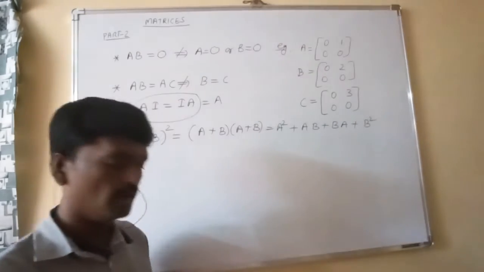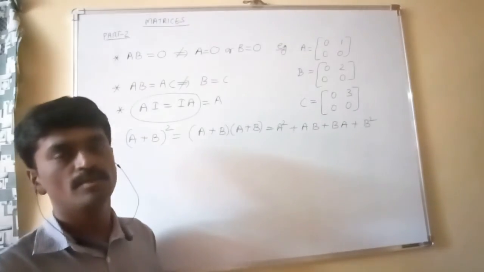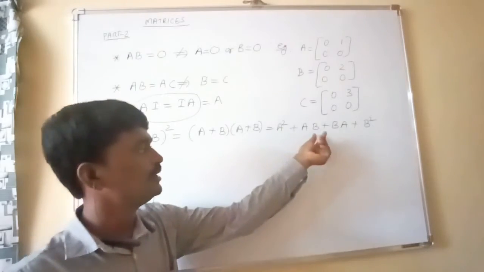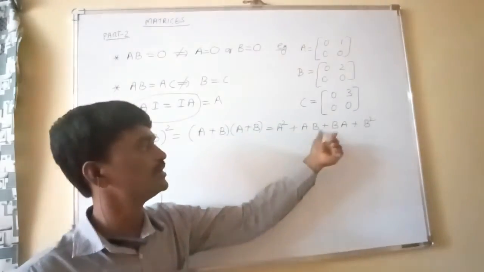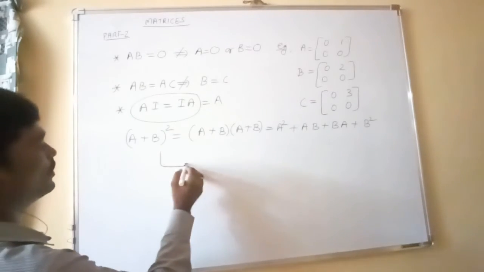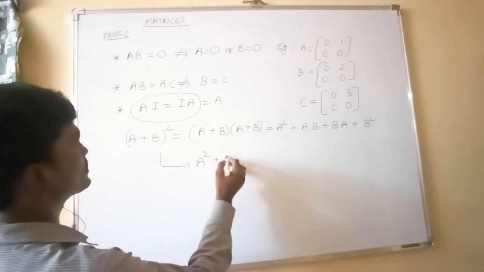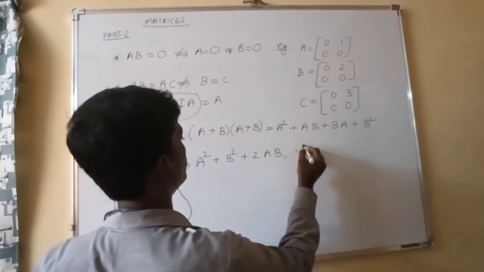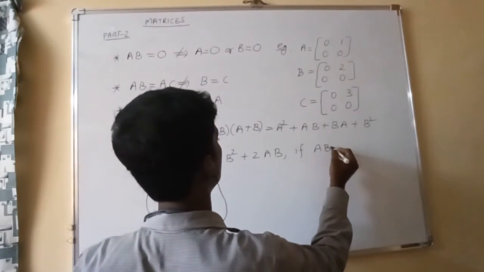Suppose A and B commute, that is AB is equal to BA. Then automatically this BA we can write as AB, so AB plus AB, we will get 2AB. So the formula A plus B whole square is equal to A square plus B square plus 2AB is possible only if AB is equal to BA.